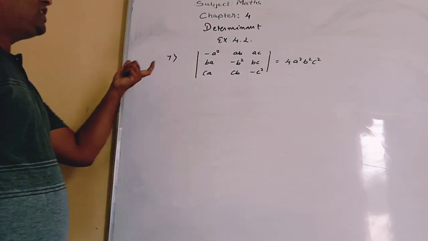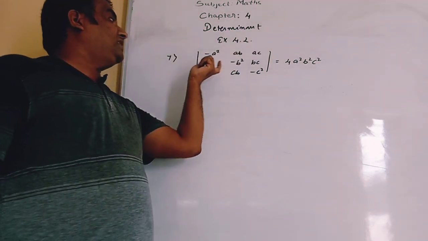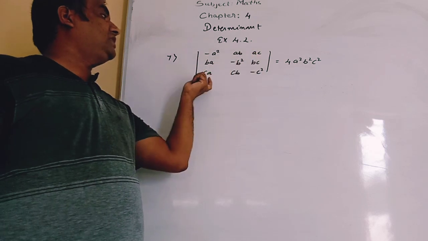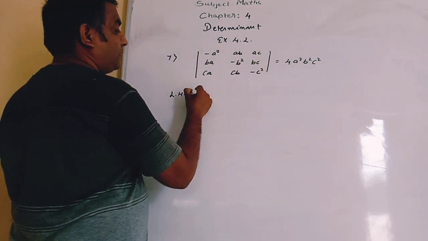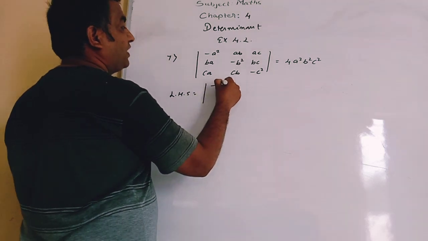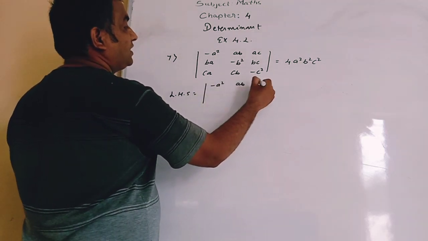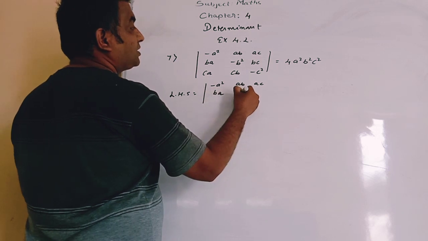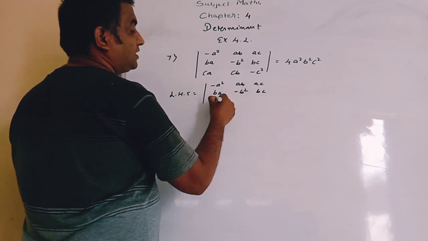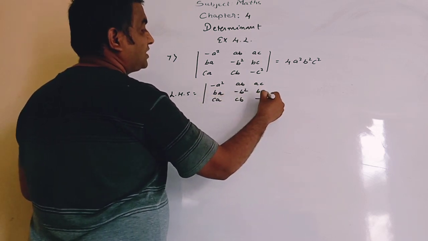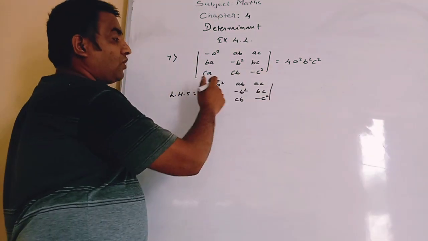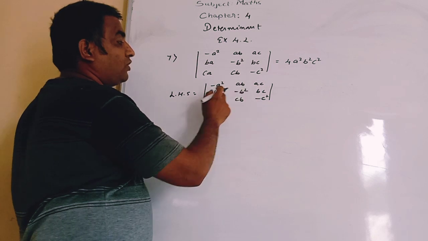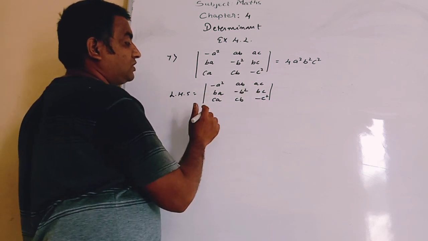Now the seventh question is given: the determinant of minus a square, ab, ac; ba, minus b square, bc; ca, cb, minus c square. The left hand side is given. Here from the first row we take out a common, from the second row b common and from the third row c common.